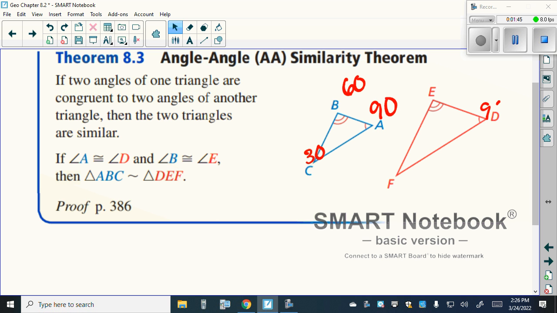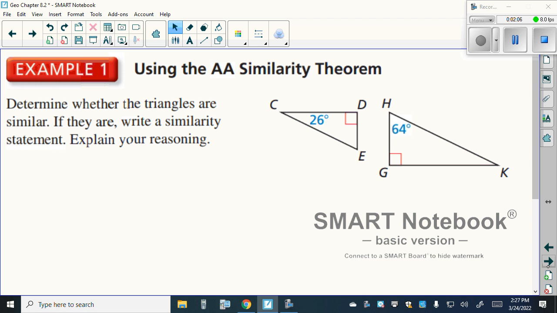Well, if we know that these two angles are the same, it means that this one also has to be 30. Because if we know two angles in one triangle are congruent to two angles in the other, the third angles have to be congruent. And we also know that from our third angle theorem.